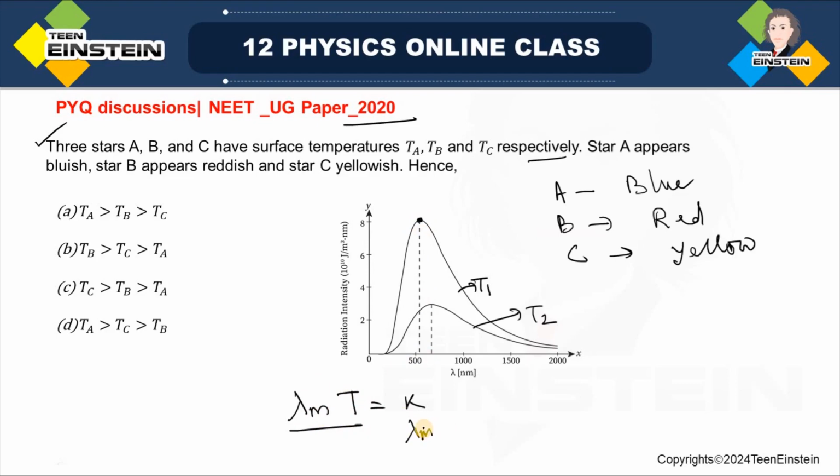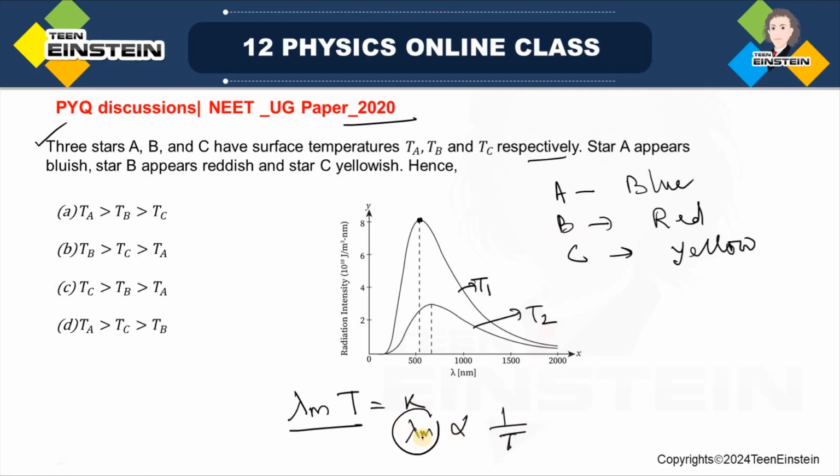So the wavelength corresponding to the maximum intensity and the temperature are inversely proportional to each other.